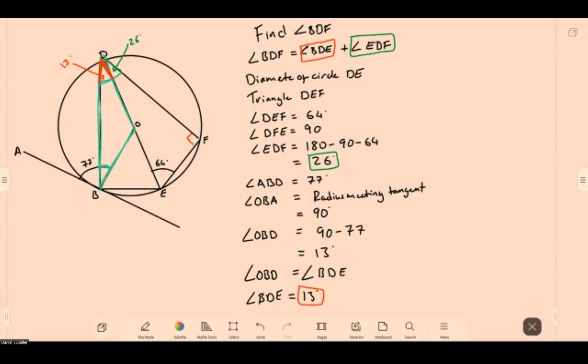If angle BDF is equal to BDE, then BDE is 13, plus EDF, which was 26, so my total angle is 39 degrees. That's the drawing.